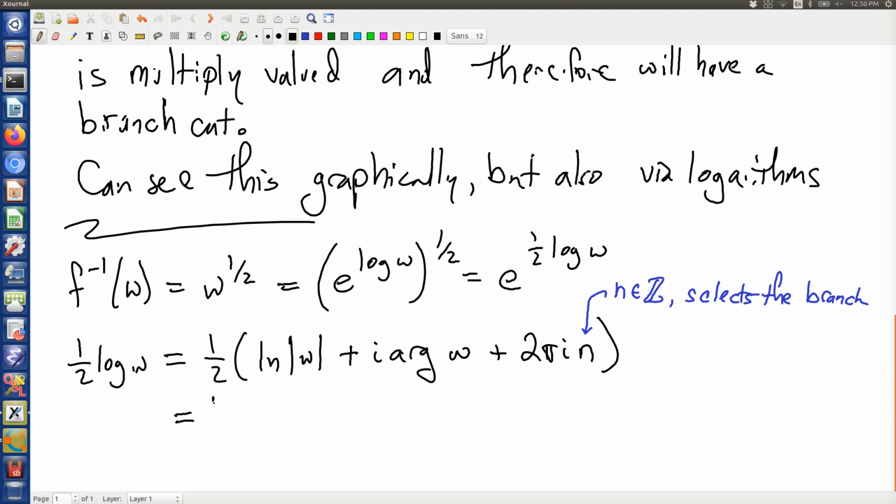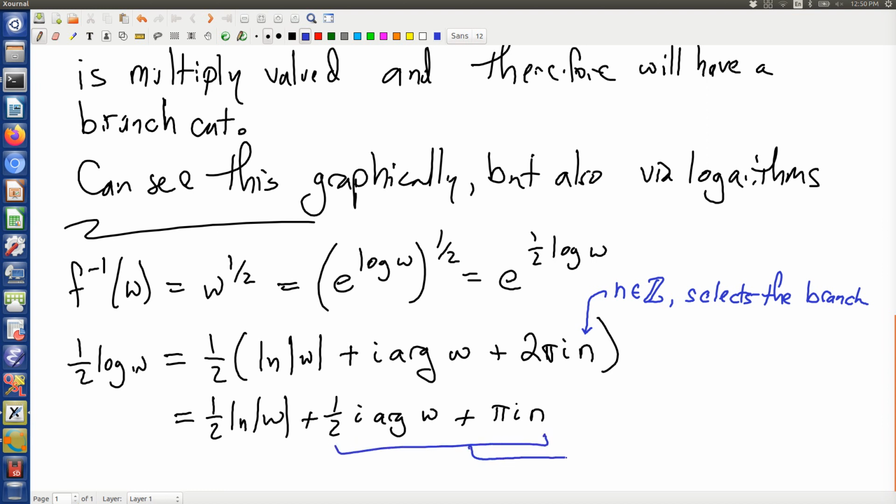Bringing in that 1/2, you get sort of the obvious 1/2 here: 1/2 i times the argument of w plus pi i times n. And since the pi i times n, along with the argument, this whole thing here indicates that I'm going to get two distinct roots for each w.